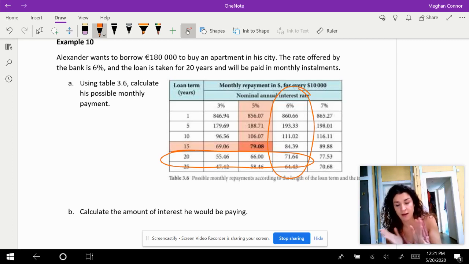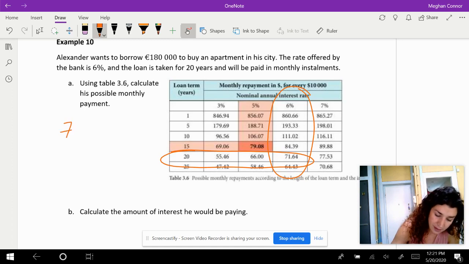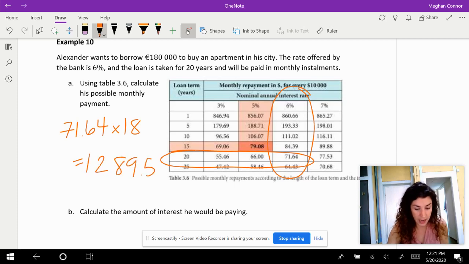So our monthly payments are not going to be 71.64. Our monthly payments are going to be 71.64 times 18, which is 1,289.52.